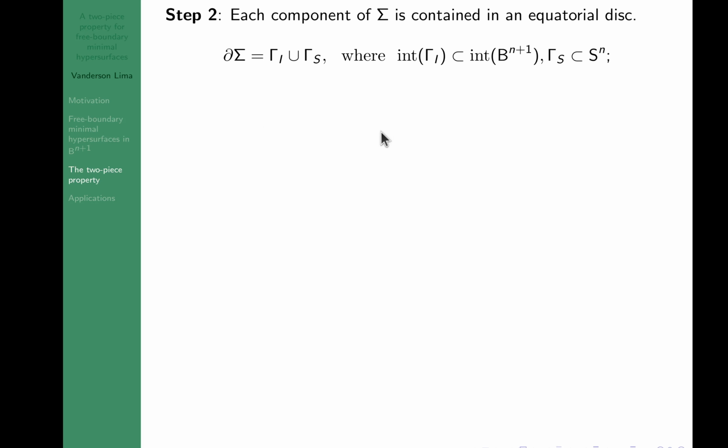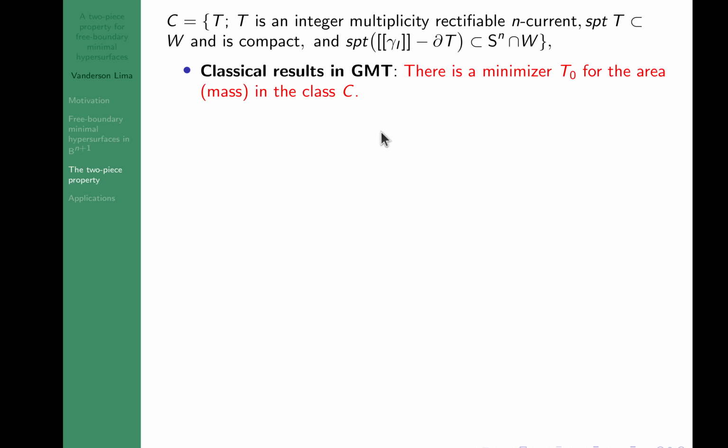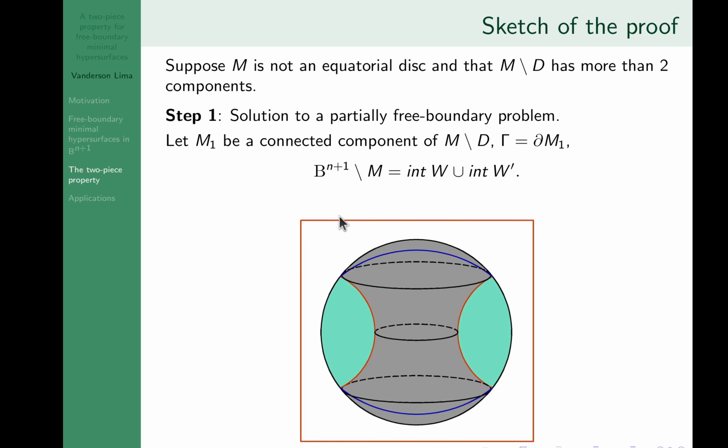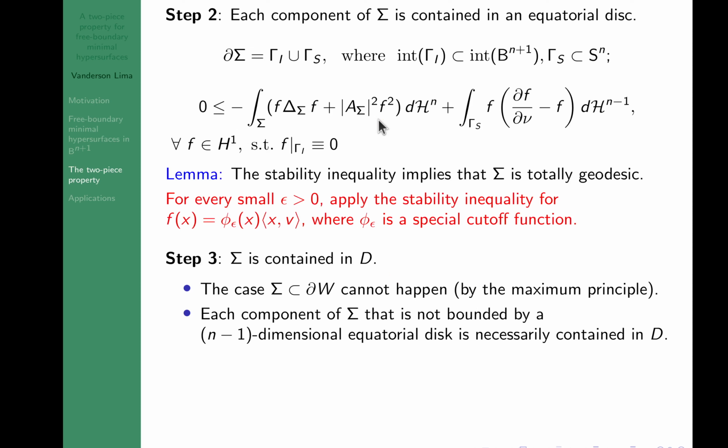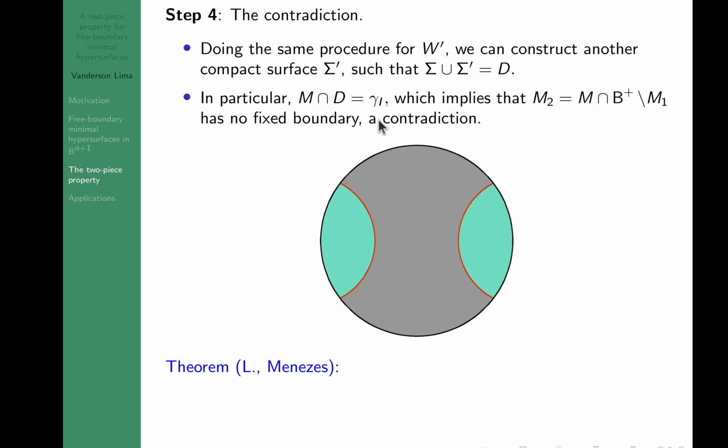Let's come back to the picture. Suppose I did the minimization process on the gray domain. In this case, my surface will be something like this piece in gray of the equatorial disk.